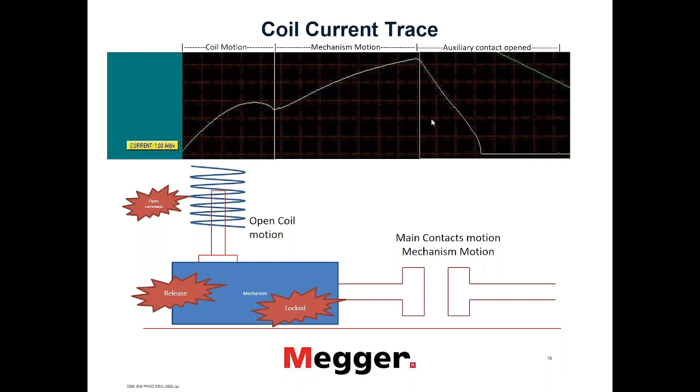Otherwise, if you see a normal current in your coil during a normal condition, that's not a very good thing, because that's only specified for operation, whether you are doing close or open at that time.